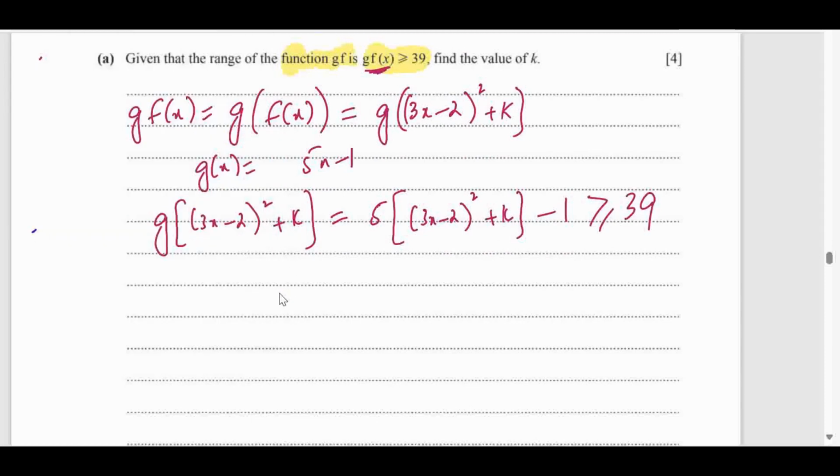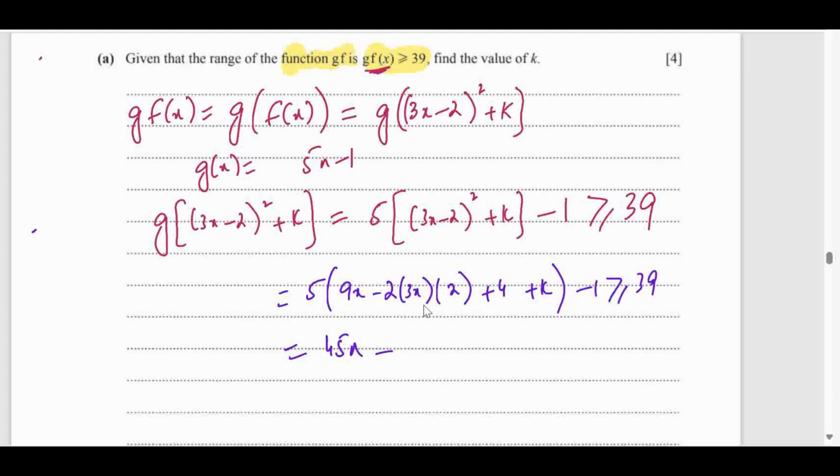So this will be 5 into a square minus 2ab plus b square plus k minus 1 greater than or equal to 39. So this will be 45x minus 6 to the 12, 12x, and we need to multiply it with 5 also.